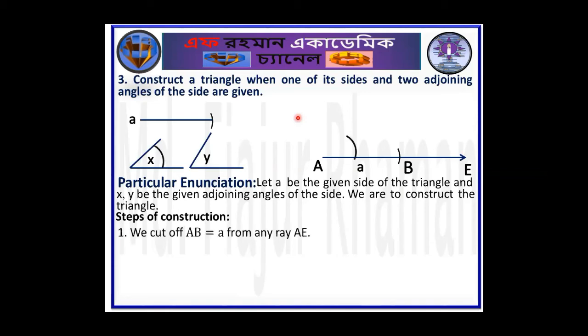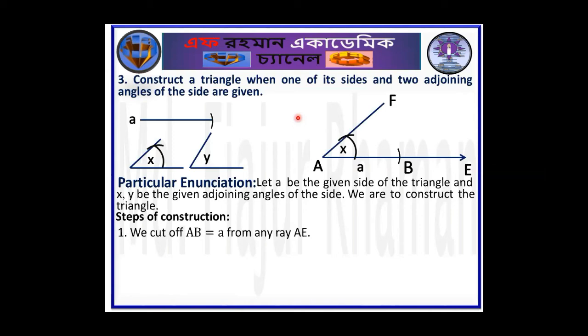We draw two arcs of the same radius and another arc measuring the angle X, and join A with the point of intersection of the arcs and extend it.